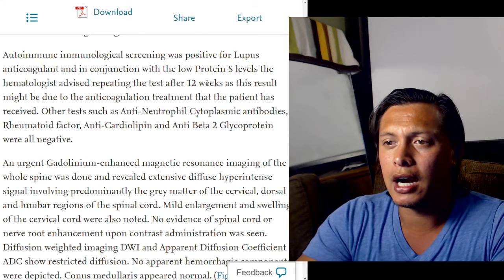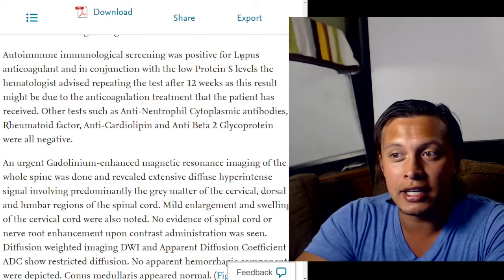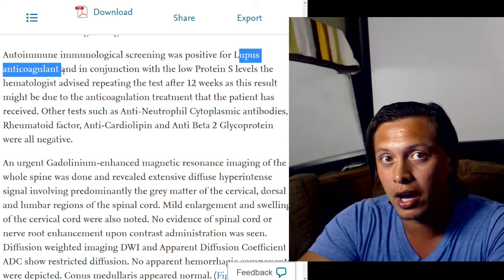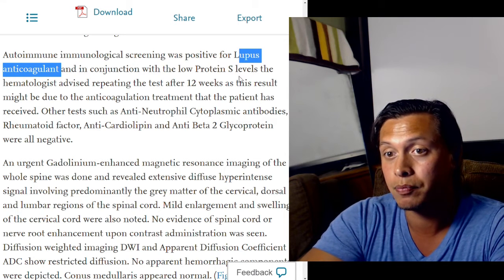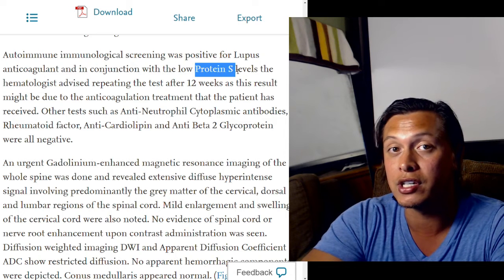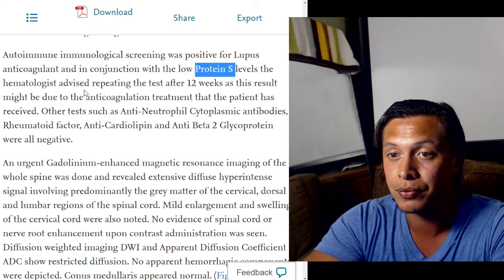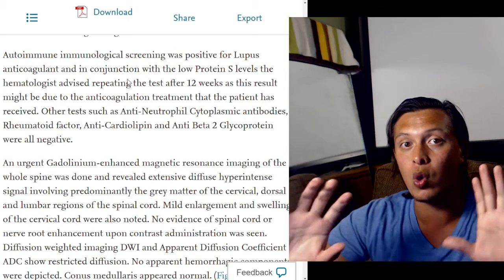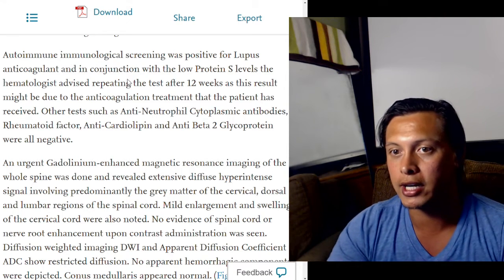So this person tested positive for the proclotting antibodies, and he also tested with low protein S, which is an anticoagulant protein. So he was in a procoagulant state, is what I'm trying to get at.